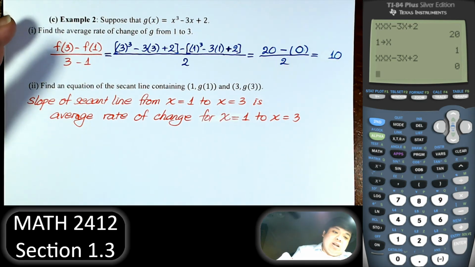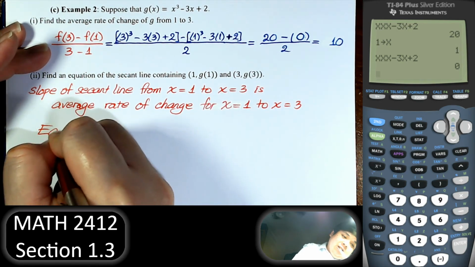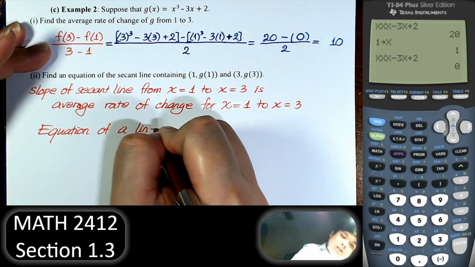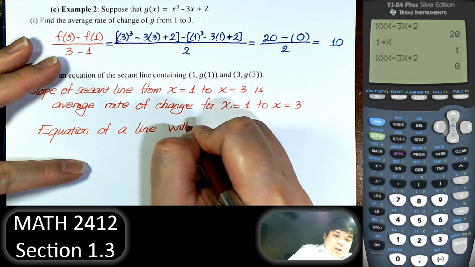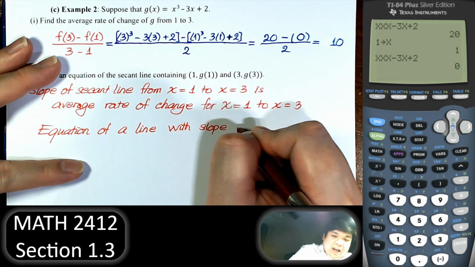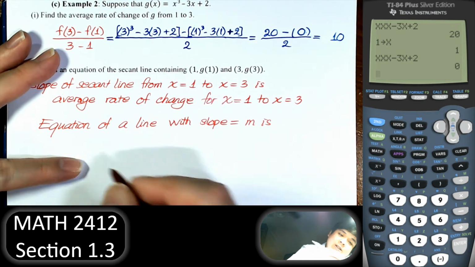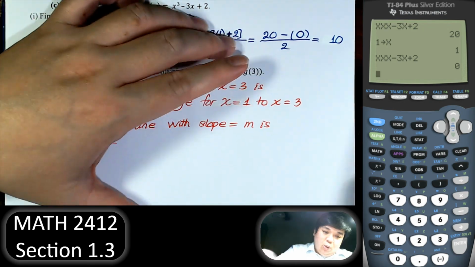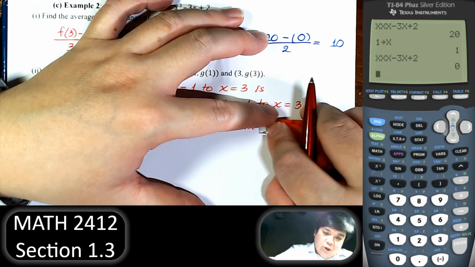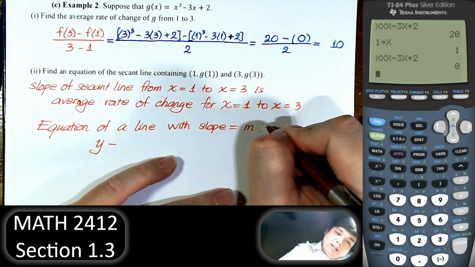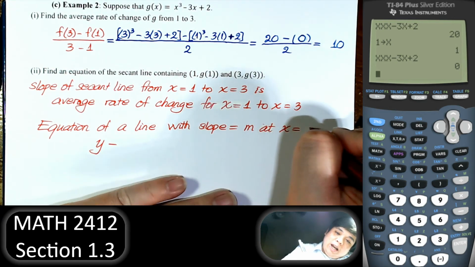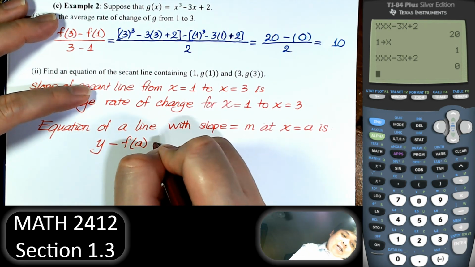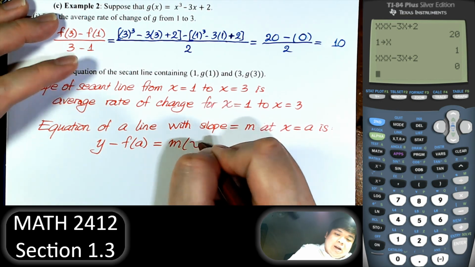And the equation of the line with slope equal to m at x equal to a is y minus f of a equal to m times x minus a.